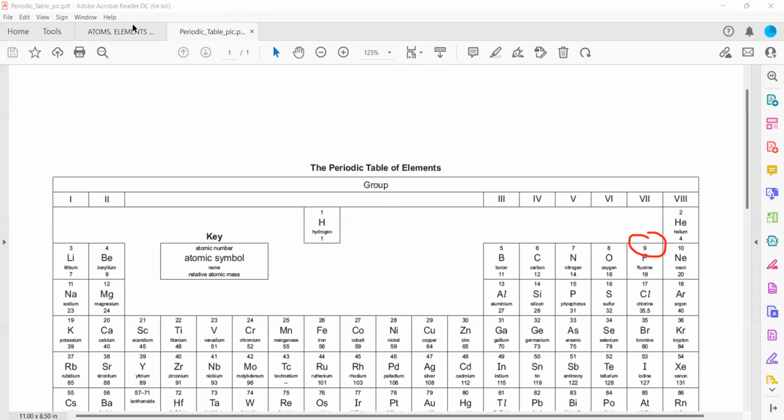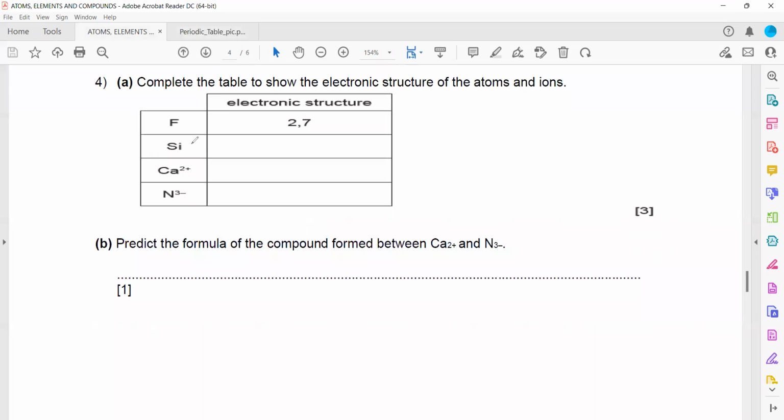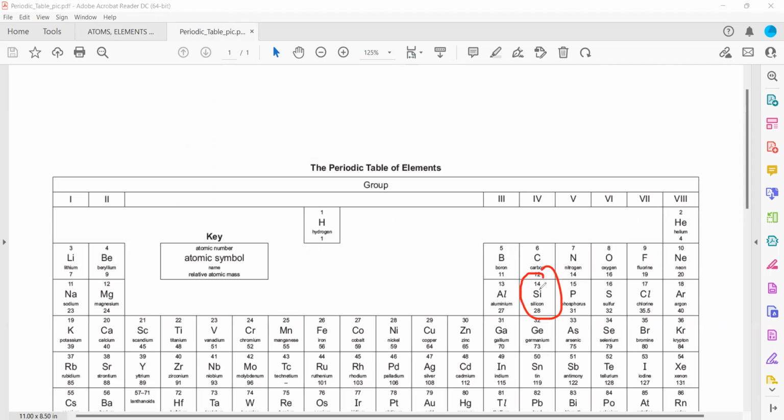The next element is silicon. So if nothing is written, first you have to check the periodic table. When you check silicon, how many protons are there? 14 protons. Because it is a silicon atom, it should have an equal number of protons and electrons.